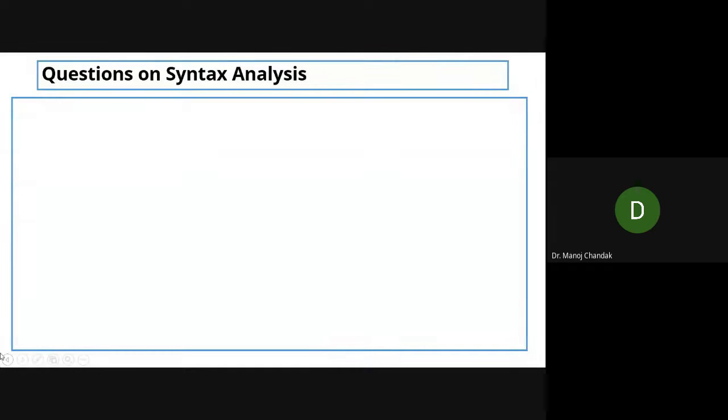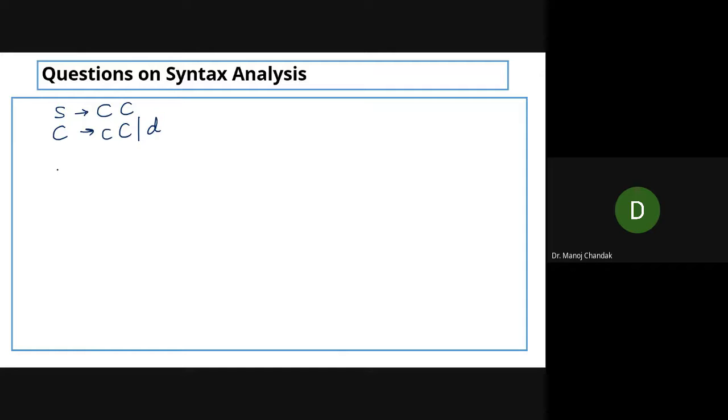Many times you get a question in GATE wherein they ask you to prove that the given grammar is LL1. The grammar has certain production rules like S tends to something, maybe in the form of production rule CC, and C tends to something like this.